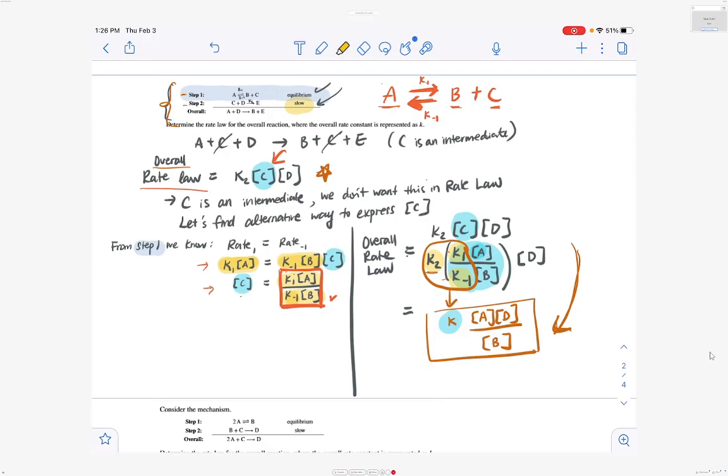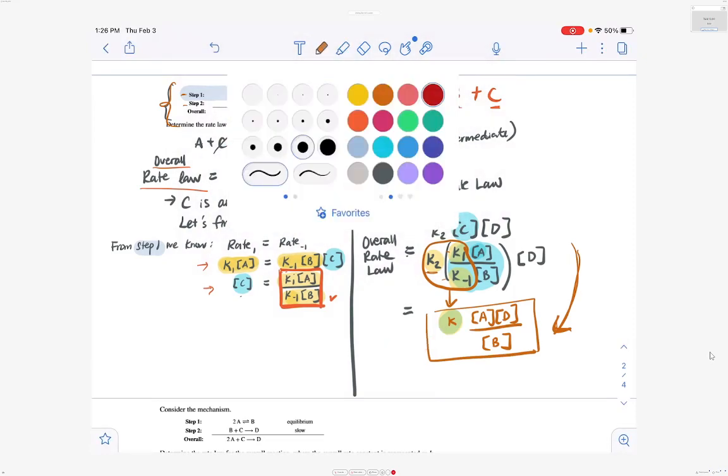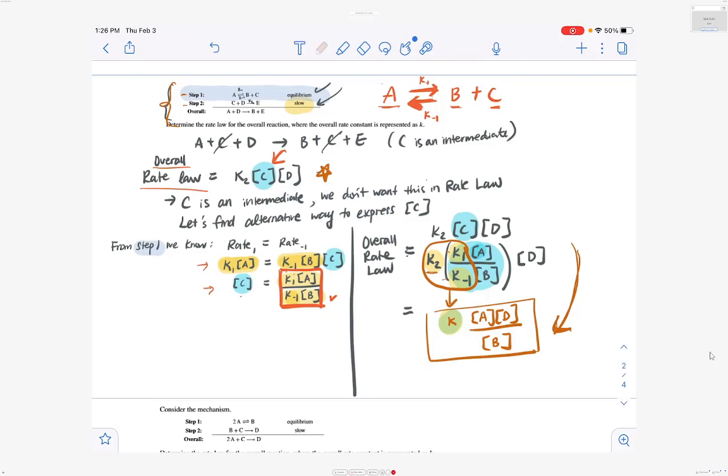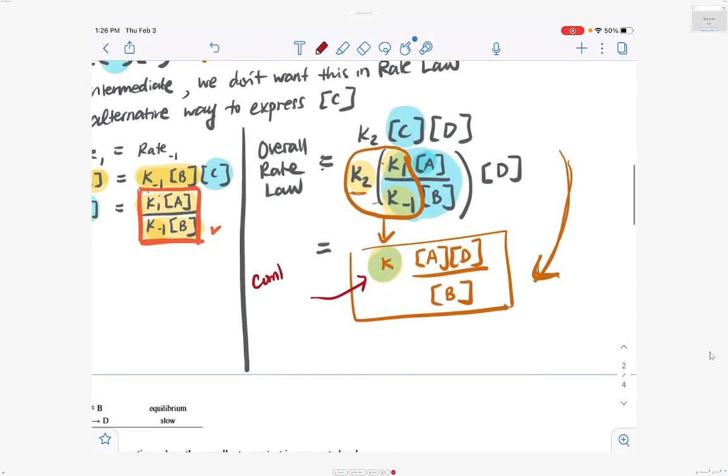If you combine all these together, you will have a rate constant K without any subscript. This is a combined rate constant.